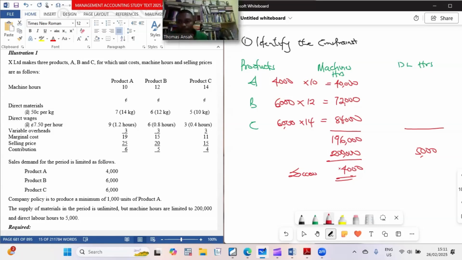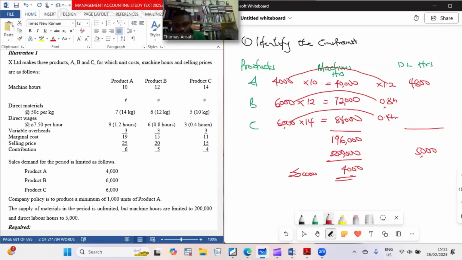And in terms of hours, this one demands 1.2 hours, so it will be 4,800. Multiplying this by 0.8 hours, and this one is 0.4 hours.